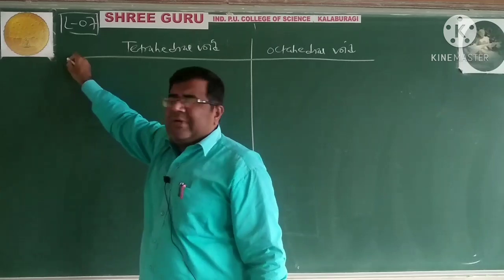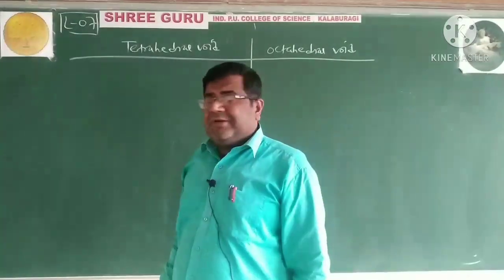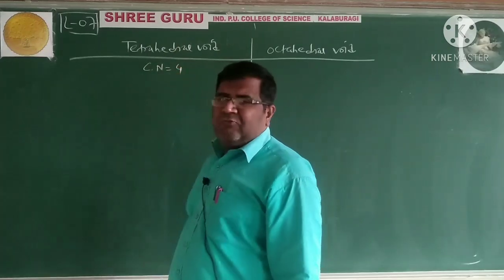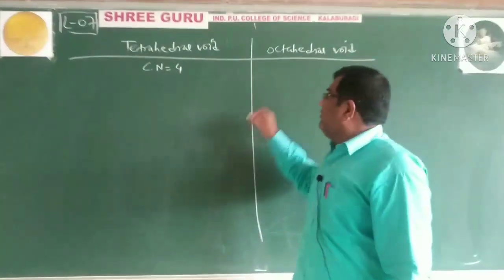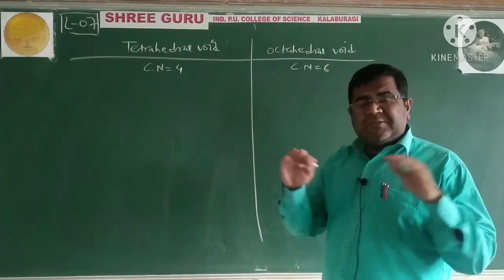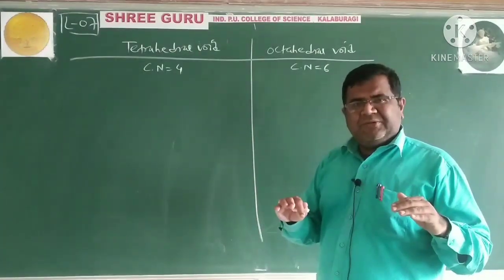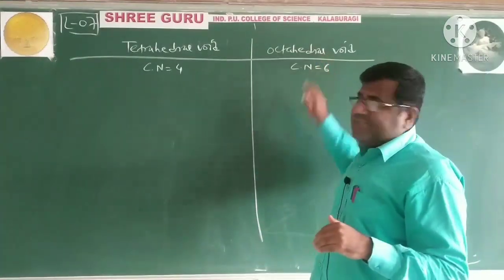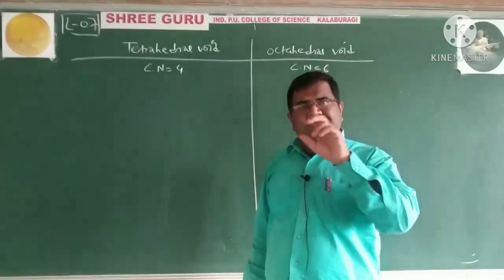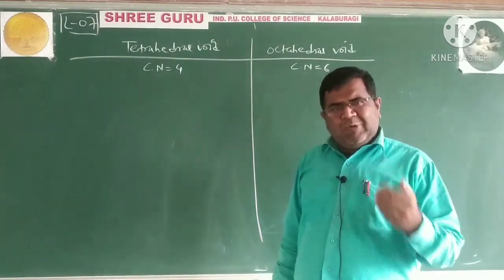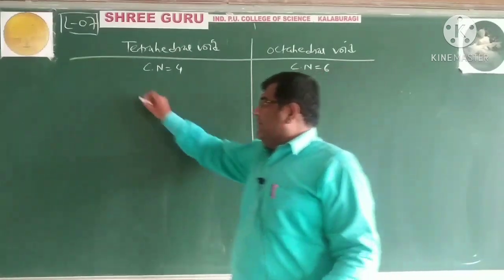That diagram also we drew yesterday. The first difference is coordination number. Tetra means 4 and octa means 8. But this type of octahedral void is created when there are 6 spheres around that particular void. Why the name octa is there, we will see.